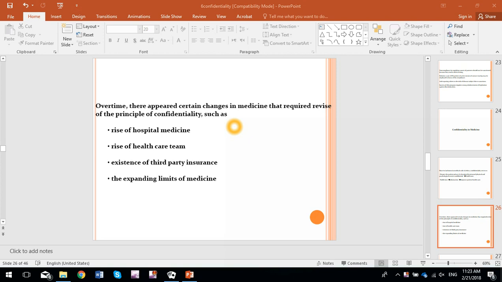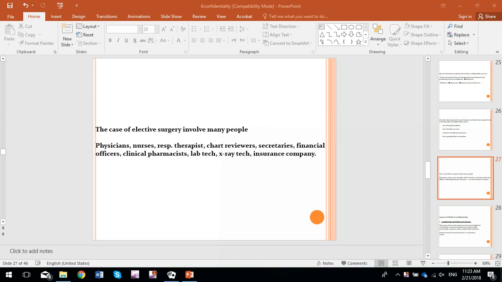Again, the expanding limits of medicine. The new technology that appears: the more technology, the more people involved, and the less confidentiality is kept.